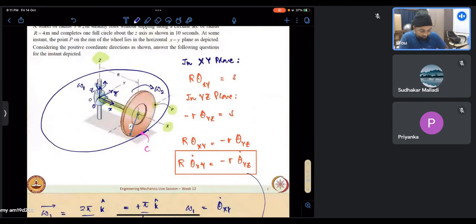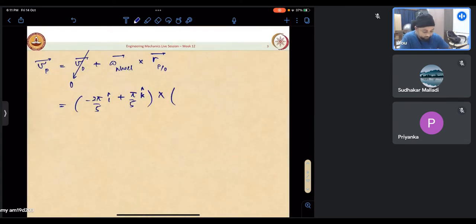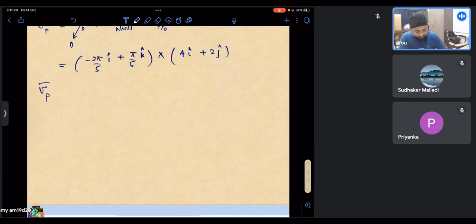We know that it will have a positive x component equal to capital R and a positive y component equal to small r. So it will be plus 4 I cap plus 2 j cap. So our velocity of P, we have to do the mnemonic way, ijk: minus 2 pi by 5, 0, pi by 5, and then 4, 2, 0.